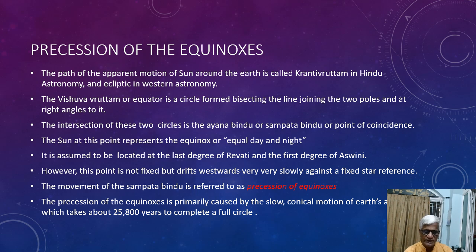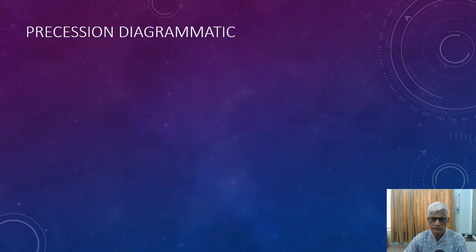The precession of equinoxes is caused by slow motion of the Earth's axis, the wobble and the conical motion making a circle in 25,800 years. This motion, how it is caused, we will see in the next slide.